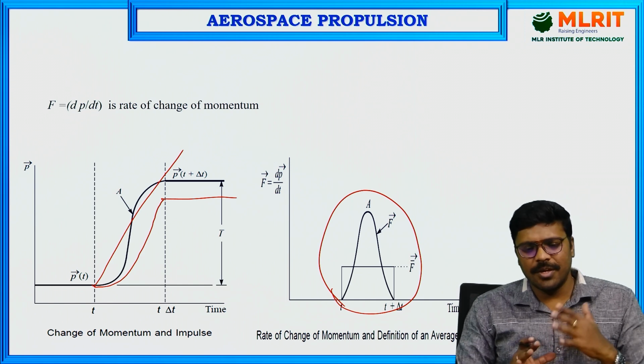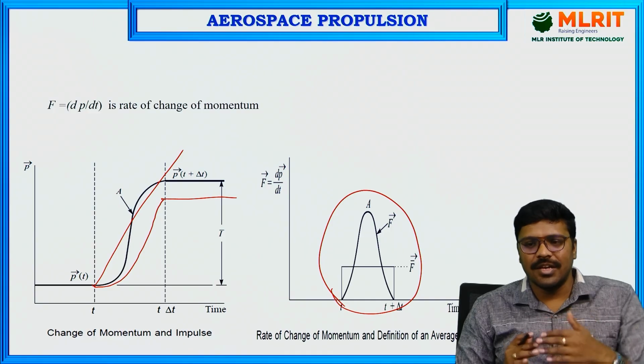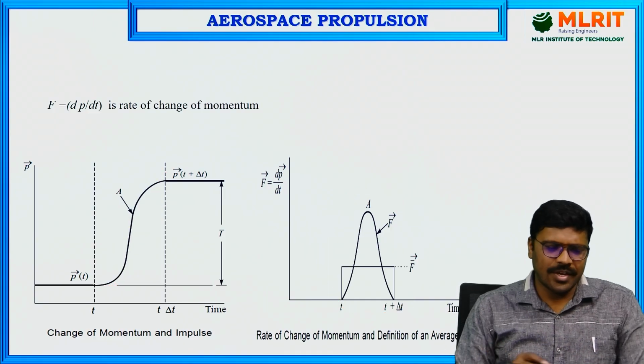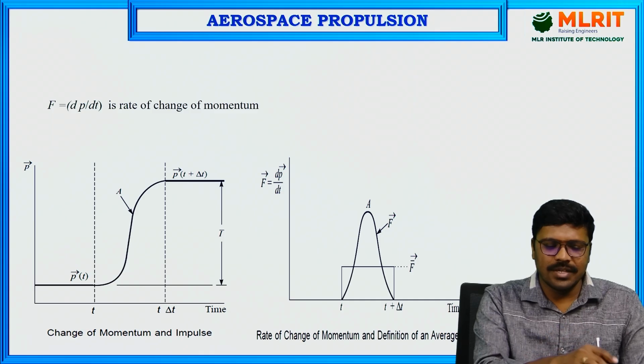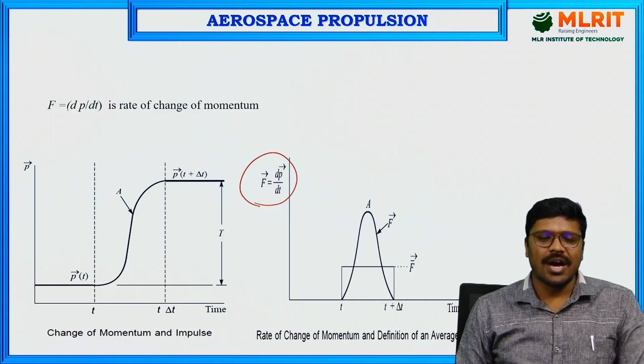So based upon the rate of change of momentum, the final momentum of a body will differ during a time t plus delta t. That is why impulse and force, these two parameters, are very important to analyze the motion of a body, right?